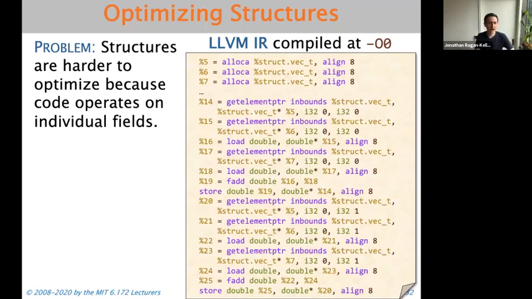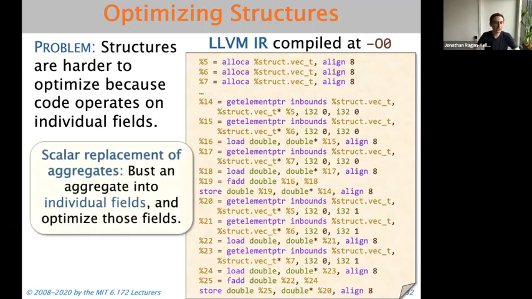And this winds up making the code a lot harder to optimize because we have a large number of different operations that operate on the individual fields of these structs, but it's all being indirected through having to compute the offsets of those things in memory. So one of the other key optimizations our compiler can do is what's called scalar replacement of aggregates. And the idea here is to bust up these aggregate structures into individual fields, and then just work with them at the level of those individual fields and optimize the code at that level.